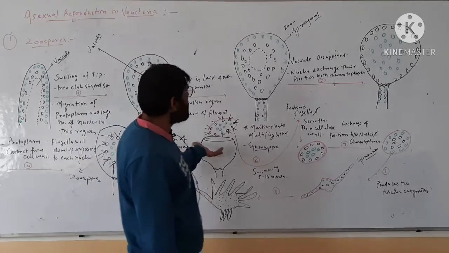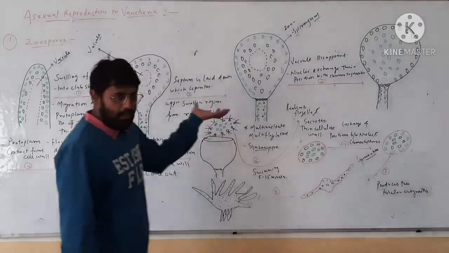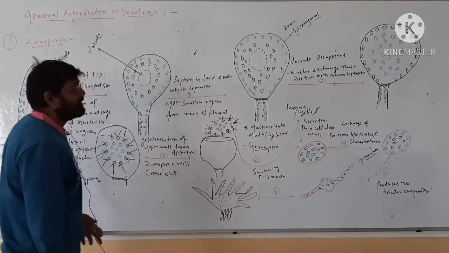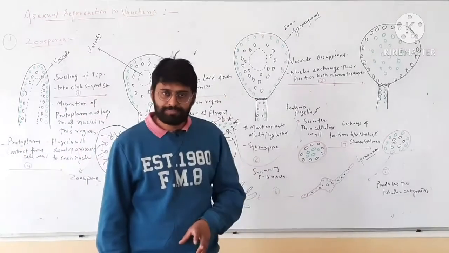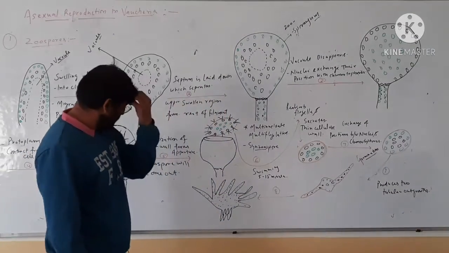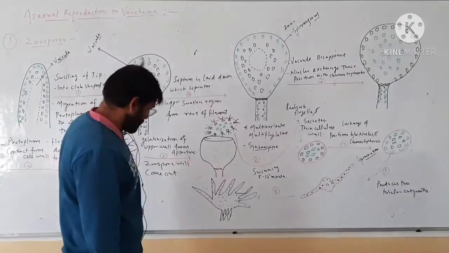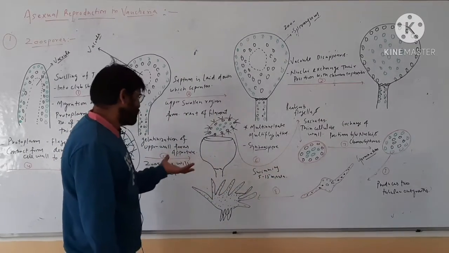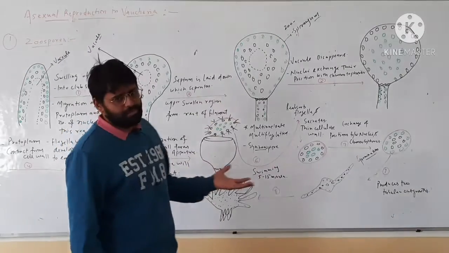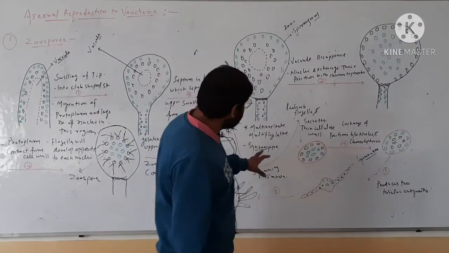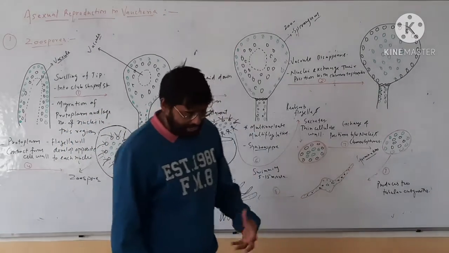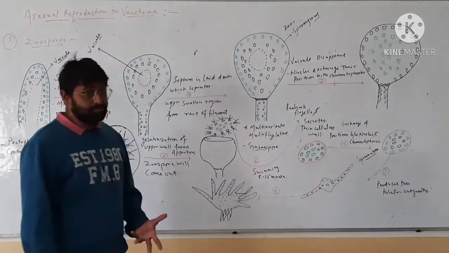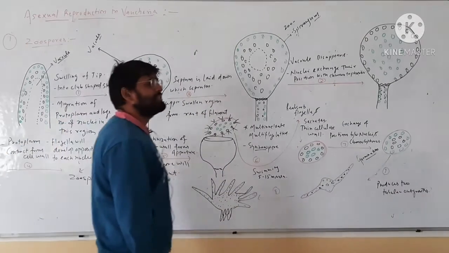Now after coming out through this apical pore, it will swim for some time in water, around 5 to 15 minutes, then it will settle on any substratum and reabsorb its flagella.